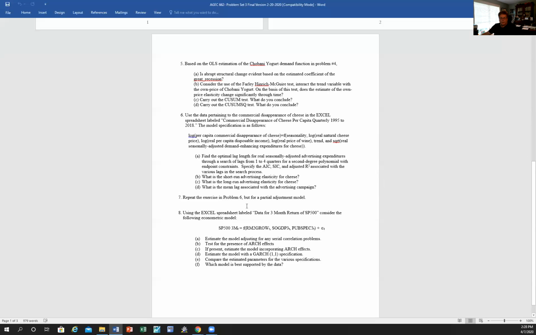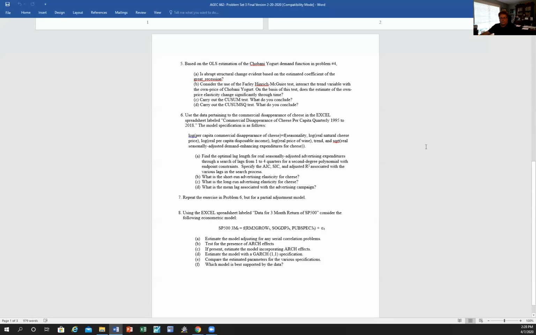Where people lost points, and this question was only worth 6 points anyway, if you did a lag of the dependent variable for 2, 3, and 4, that's not what a partial adjustment model does. And once we get the estimated coefficient associated with that 1-period lag, 1 minus that coefficient gives us the coefficient of adjustment.